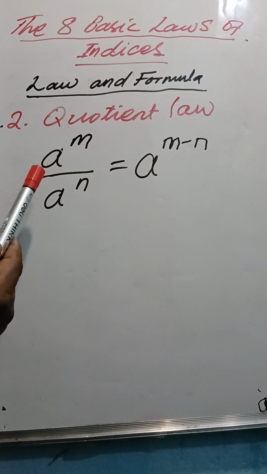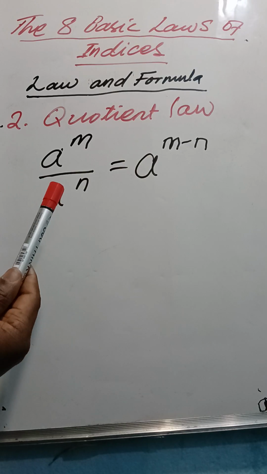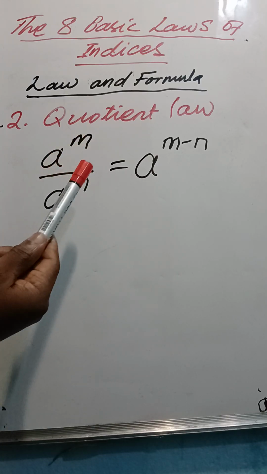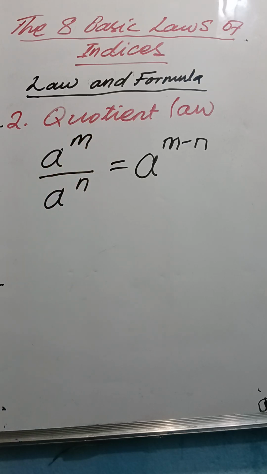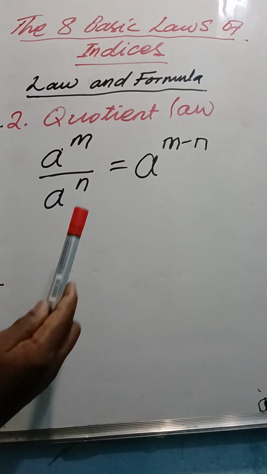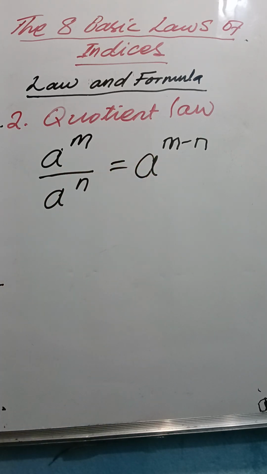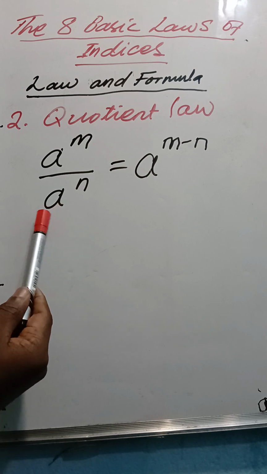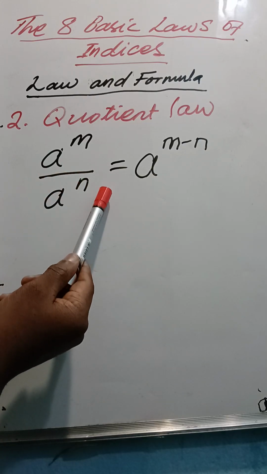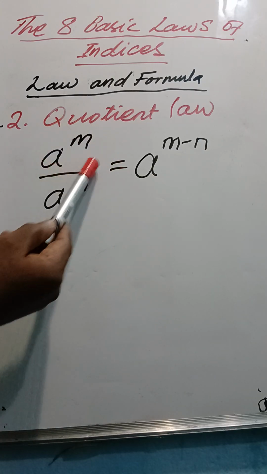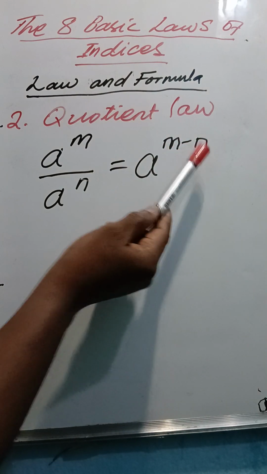And when you find such indices which exponents are different, like say in this case m and n, so all that you can do is write the base here and then subtract the index of the denominator from the index of the numerator. So we have m minus n.